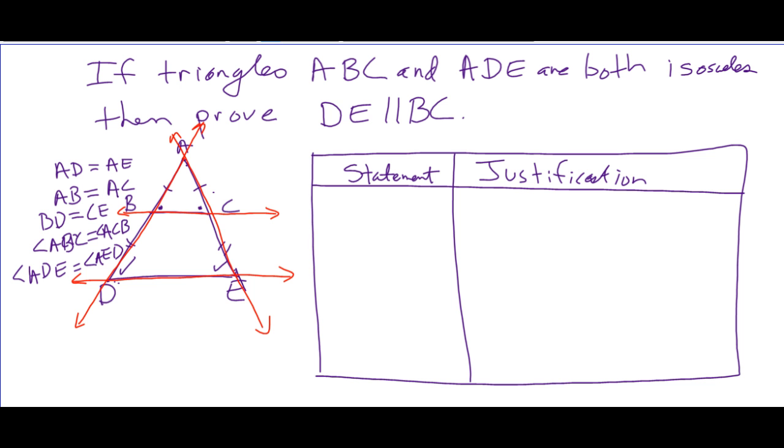And really, all we're going to have is probably 2 statements and then the conclusion. So what we can do is say, if I can say these angles are the same, then I can say the lines are parallel. This is this, and that's a check mark, and that's a check mark, and that's a dot.